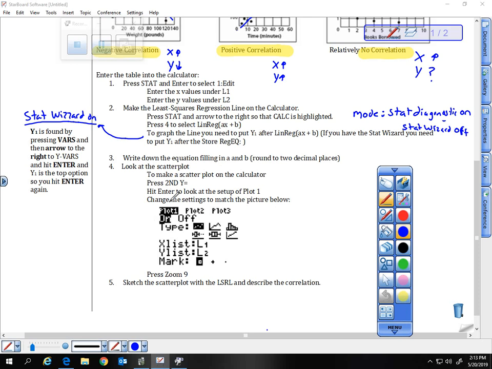Then you're going to go to stat plot, which is second y equals, and make sure that plots 2 and 3 are off and plot 1 is on, and we have the scatter plot graph programmed. L1 is for the x values and L2 is for the y values. Then we're going to go to zoom stat, and like I said, we'll see it on the next page.